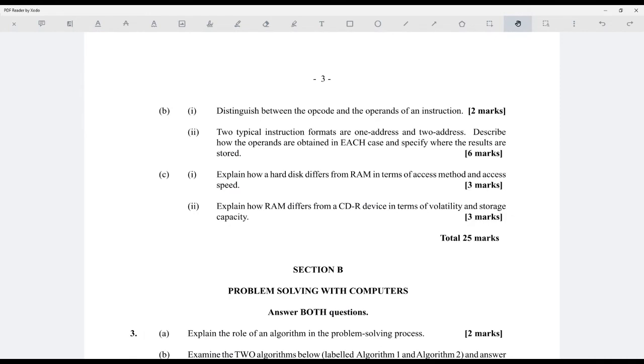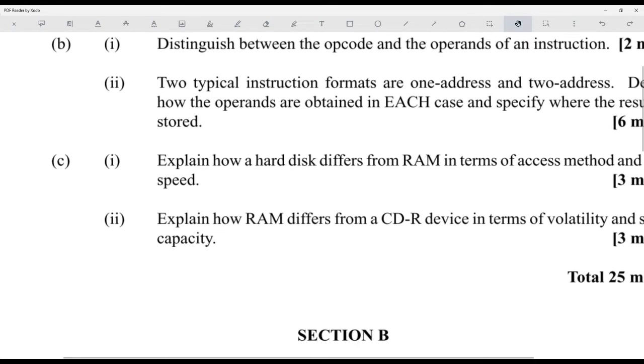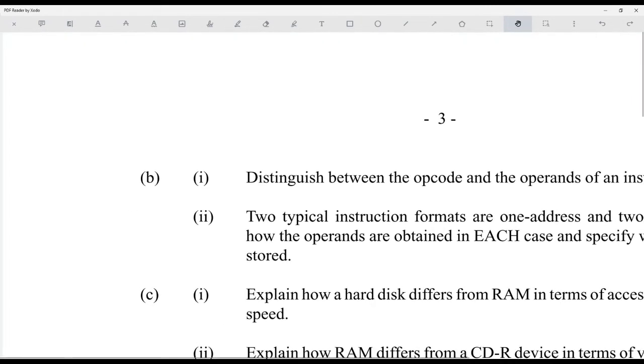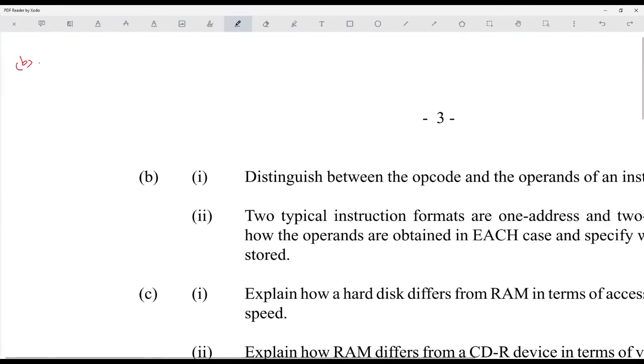Alright, number 3. Distinguish between the opcode and operands of an instruction. Well, opcode is the task or function to be carried out, and the operand would be the data or memory location.